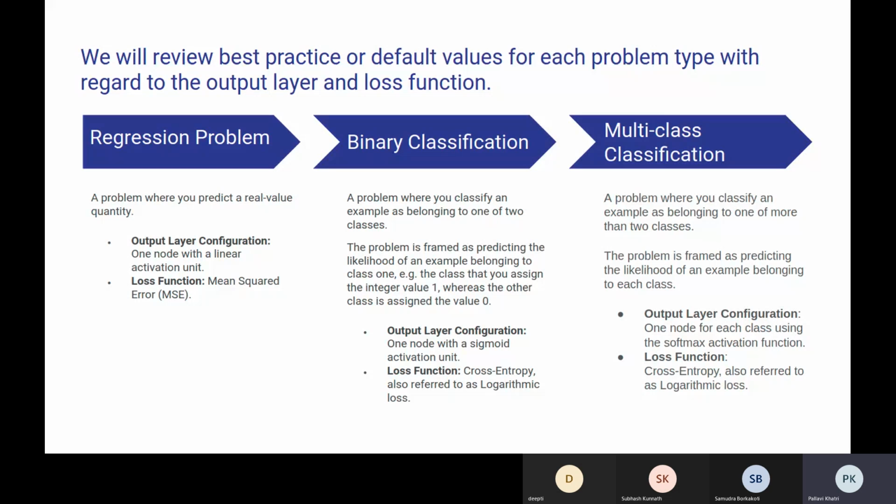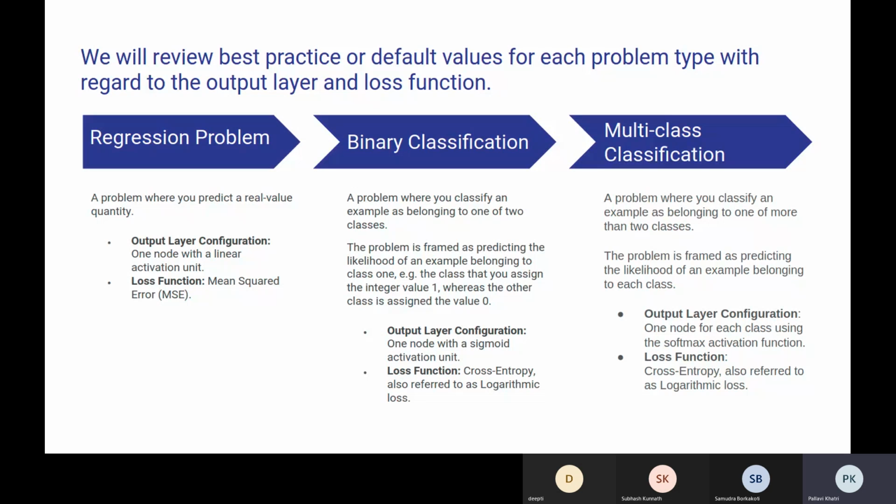A regression problem is a problem where you are predicting some real-valued quantity, for example the weight of something, a salary, or something else that has some quantitative value. In binary classification, there will be two classes, and I have to categorize my entity into one of them. Multi-class classification is when I have more than two classes.